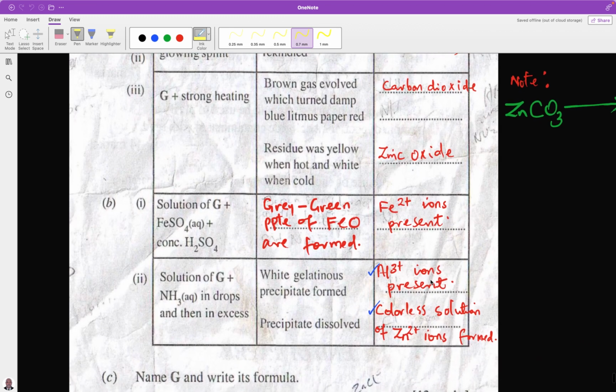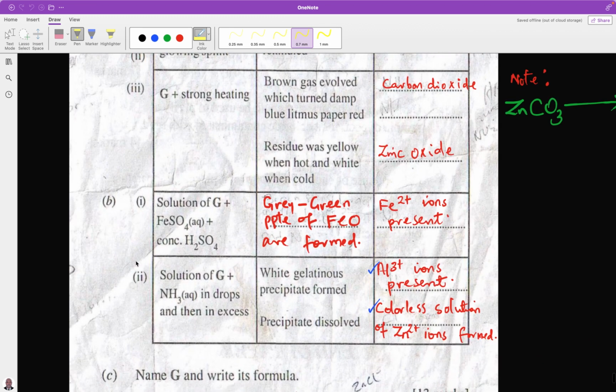Let's go to the B section. B1, solution of salt G plus iron sulfate solution, plus concentrated sulfuric acid. What will be our observation?